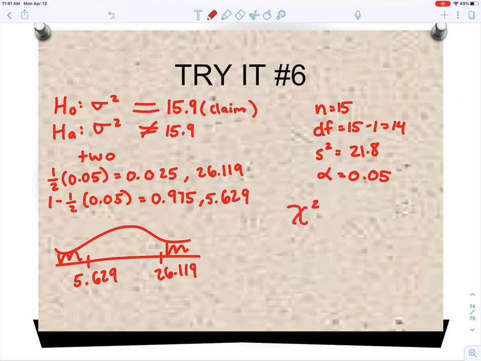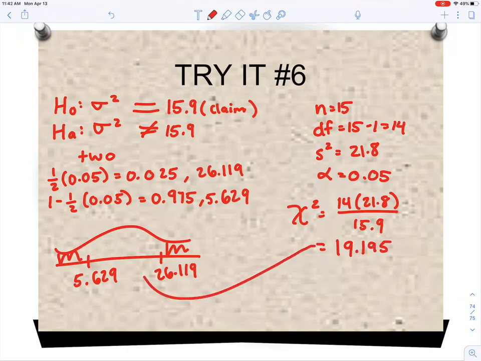Okay, plug everything into my chi-square equation. N minus 1 was 14. Everything is already squared in this equation, so I don't have to square. Plug it in to find 19.195. 19.195 is somewhere in the middle here, so it's not in the rejection region.